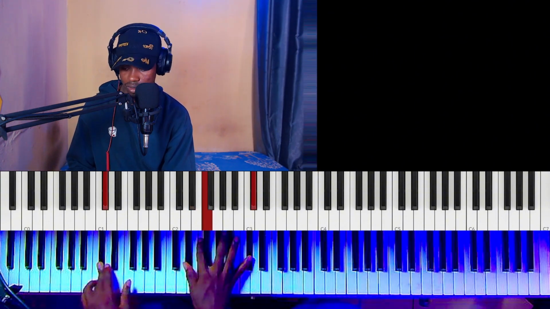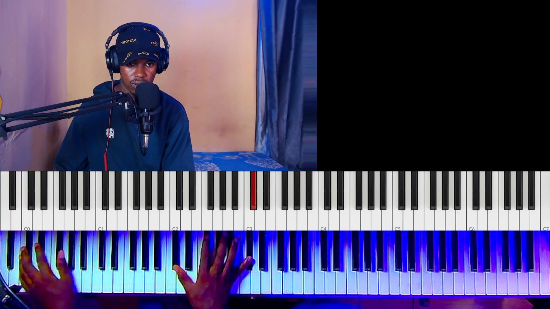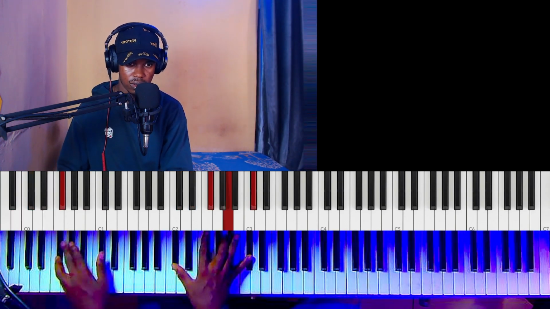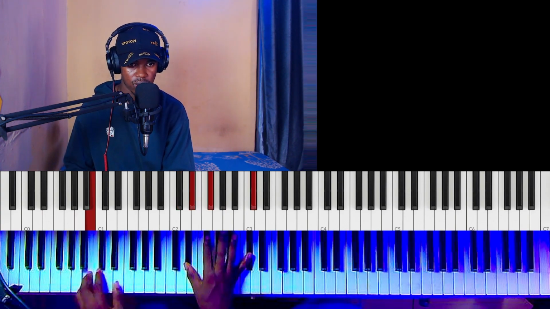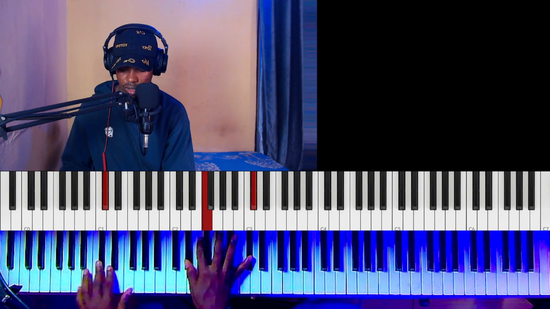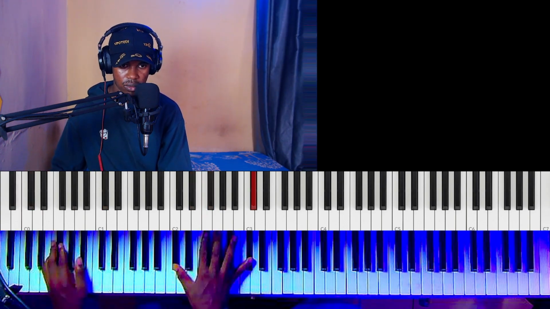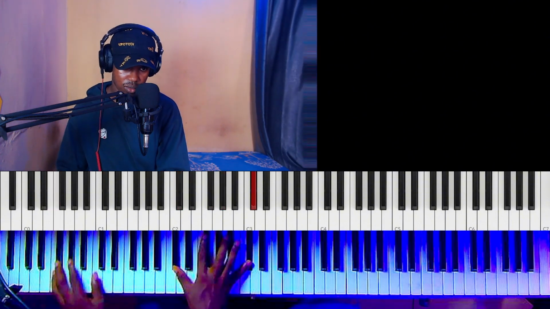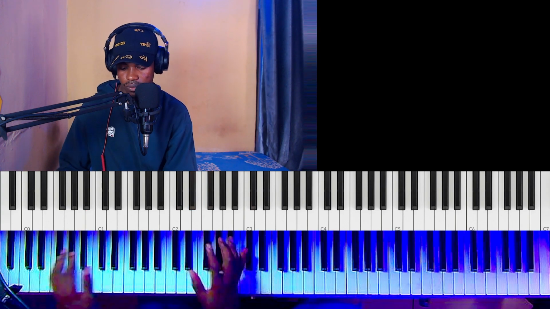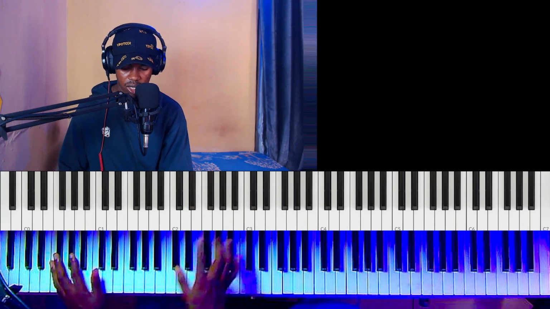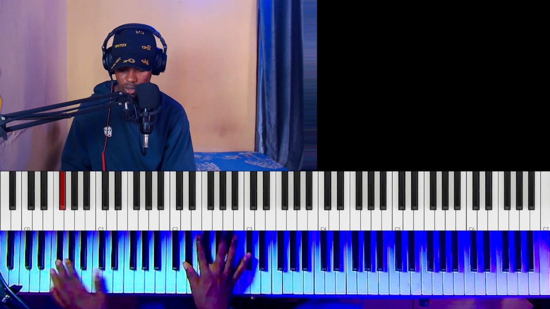So many ways you could tweak this. The difference is I'm switching to the A when I get to the G flat in my left hand.